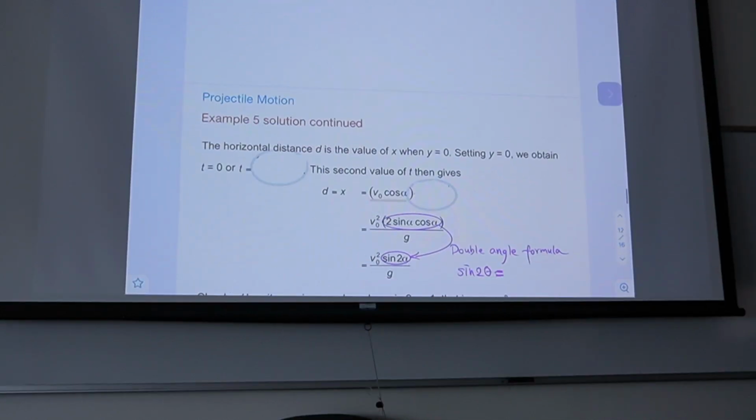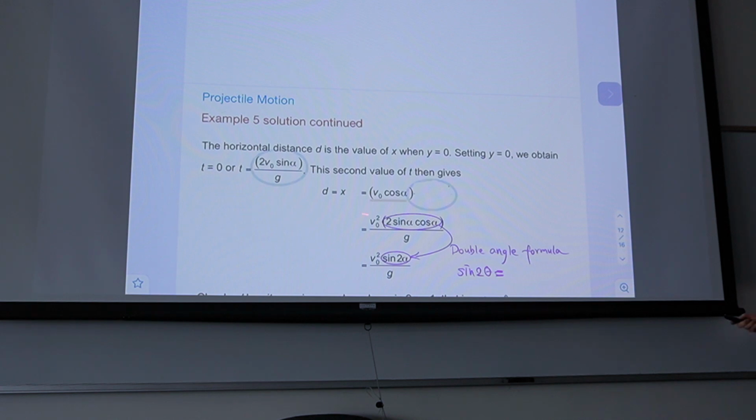This first one corresponds to when you first throw the ball, it's still on the ground. And this one here is when it landed on the ground after you throw the ball. This second value of t then gives the span.